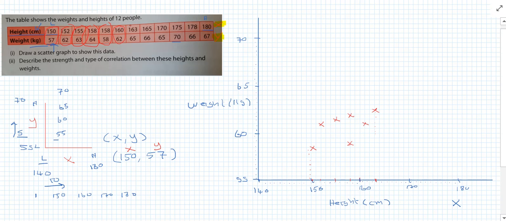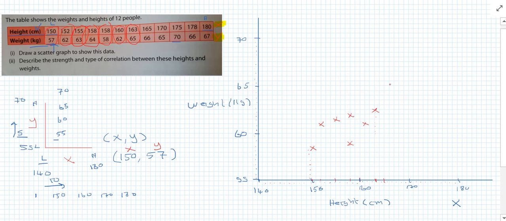163, 165. Then 165, 66. So again, if we go along the bottom, 5 is about here. And we go up to our x-axis. So 66 is going to be somewhere up here.